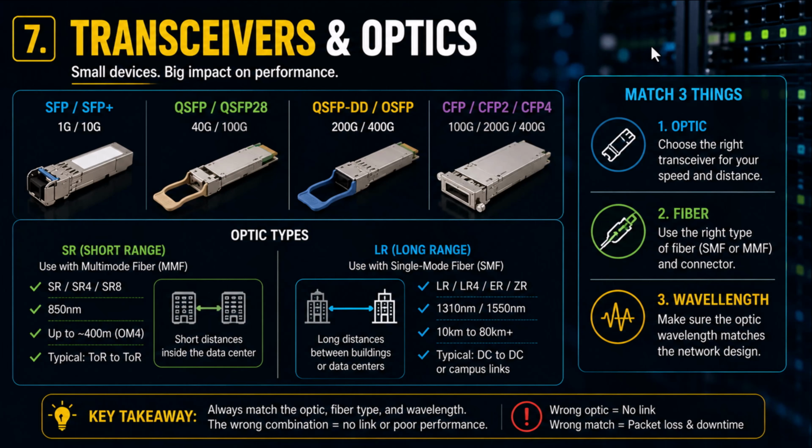But here's something important: just because a transceiver physically fits doesn't mean it's correct. You need to consider things like speed, wavelength, fiber type, distance, and device compatibility. A mismatch here can easily result in a link that stays down.